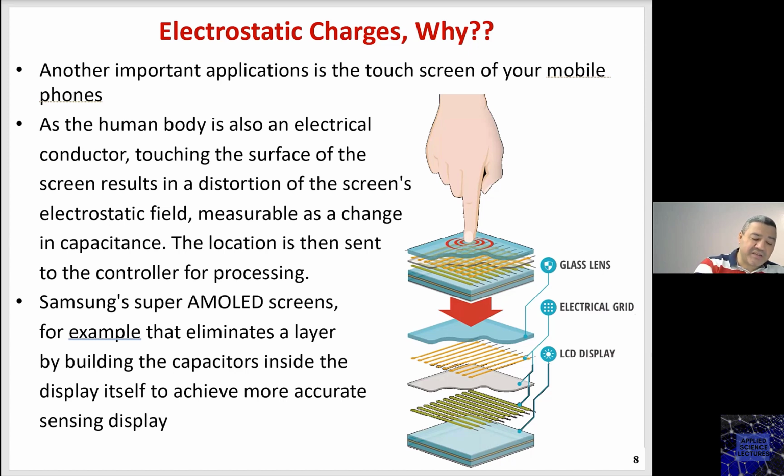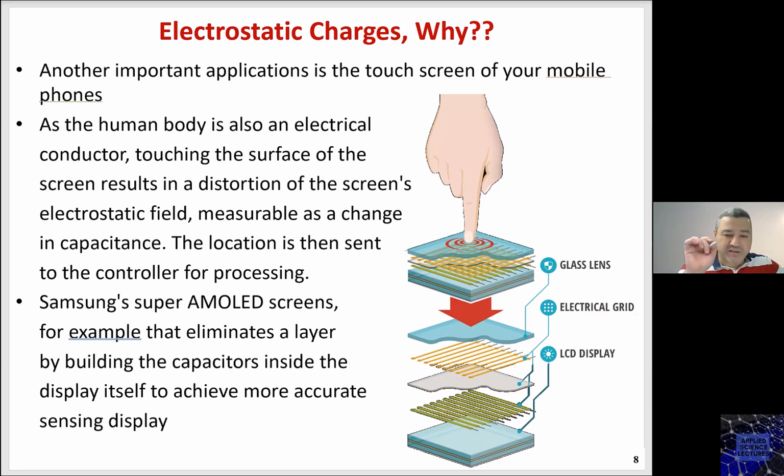By disturbing the charges that already exist on that touch screen, your tablet or mobile or computer notices a change in the charges at this location, and then sends a command to the processing system that this location has had a touch.